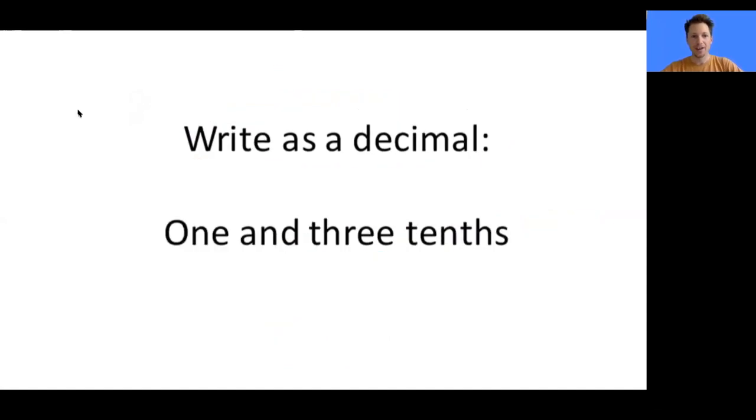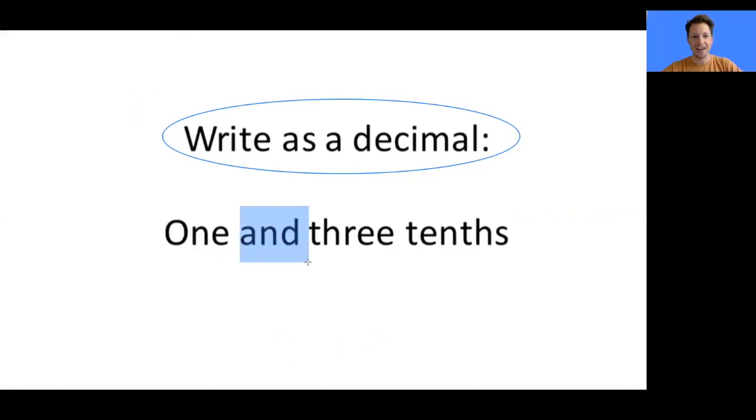Next, right here, it says write the decimal 1 and 3/10. Again, I notice a couple of things. The first thing that I notice being the instructions, write as a decimal. The second thing that I notice is this "and" right here, which to me means or signifies decimal point.